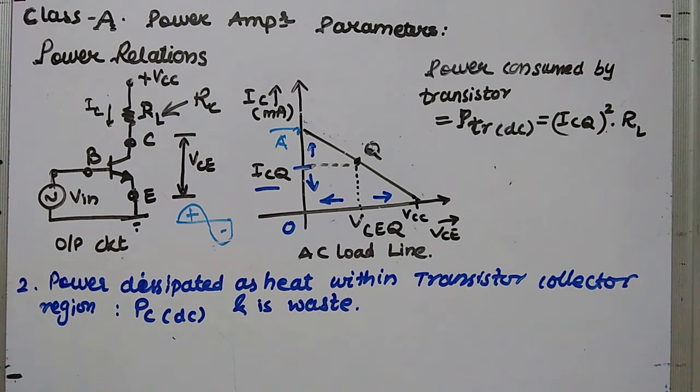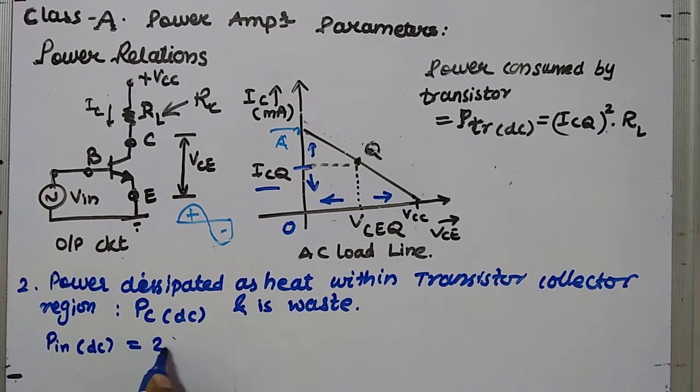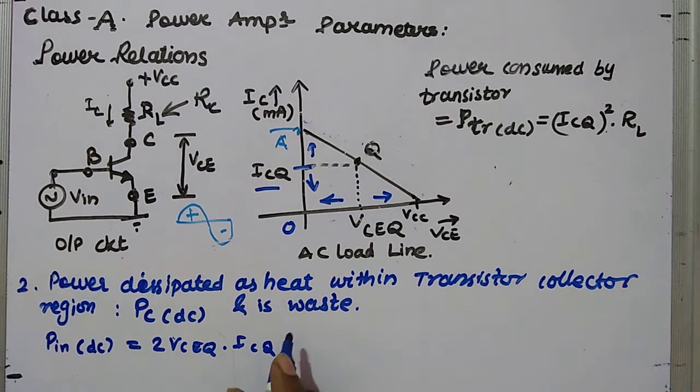So if we try to put these values in our previous equation, that is, our previous equation was P in DC, which was equal to twice VCEQ into ICQ.